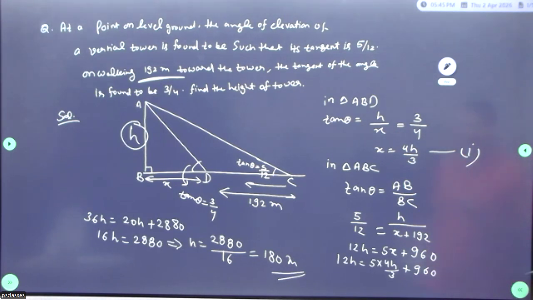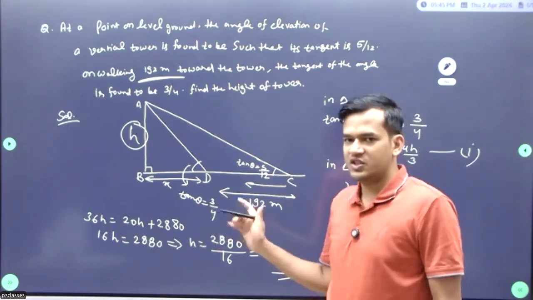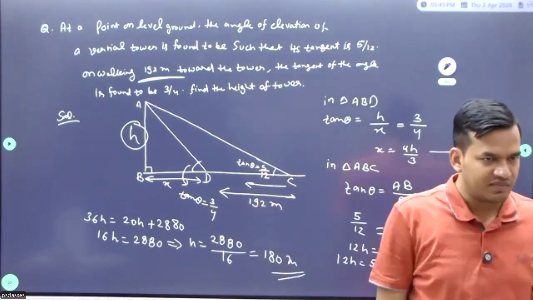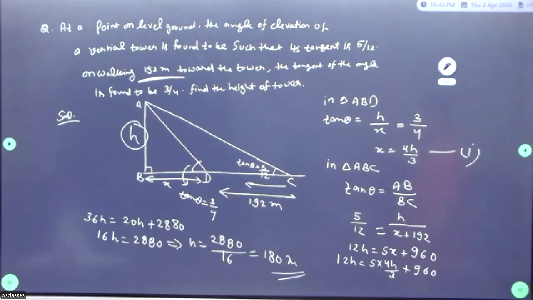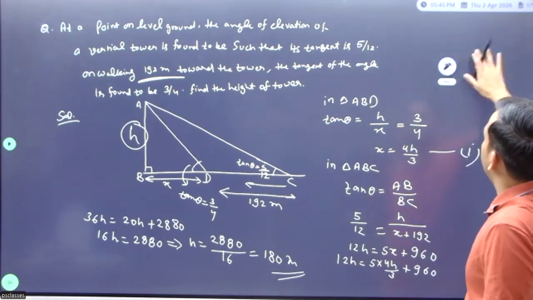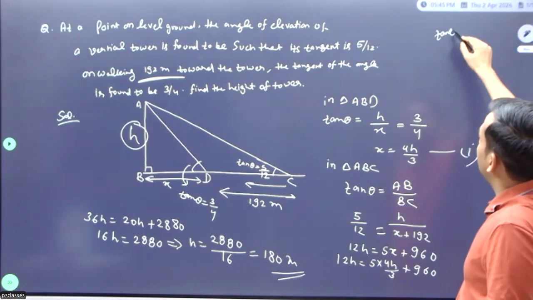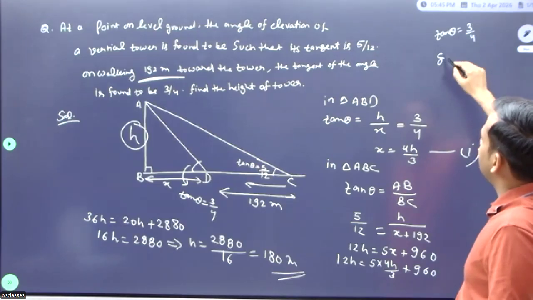In previous questions, the angle was given to you, but in this case, instead of giving the angle, they gave tan theta directly. Suppose tan theta is given and you need cos theta or sin theta, then you can convert tan theta into sin theta or cos theta. How do you convert tan theta into sin theta or cos theta? Suppose tan theta is equal to 3 by 4 and instead of tan theta you need sin theta.